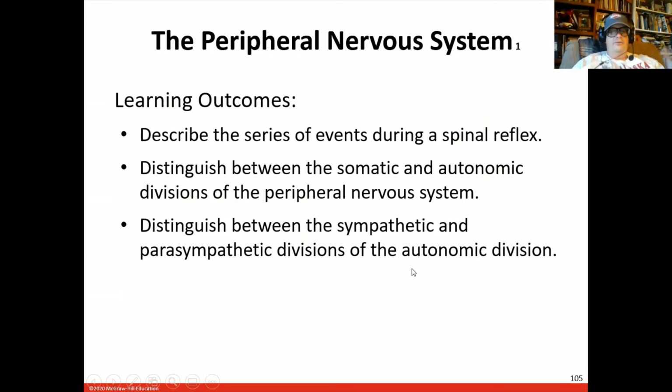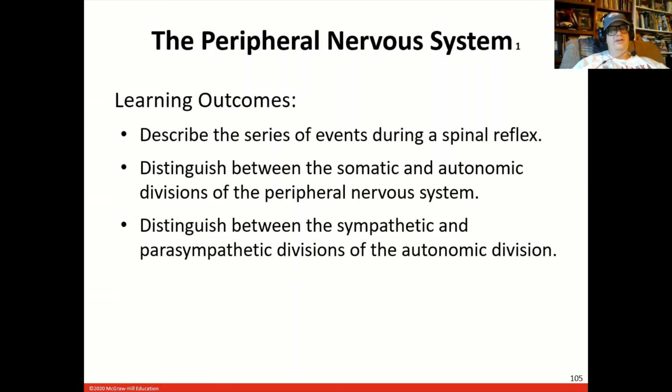The peripheral nervous system. We've done central, we're now doing peripheral. We're going to talk about spinal reflexes, the difference between the somatic peripheral nervous system, that's skeletal muscles. There's some stuff in there that's not voluntary, but that's what you think of as voluntary.